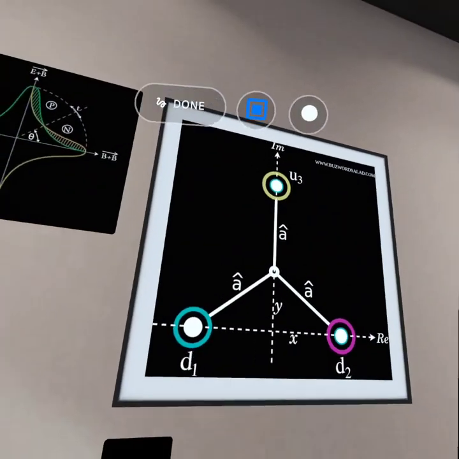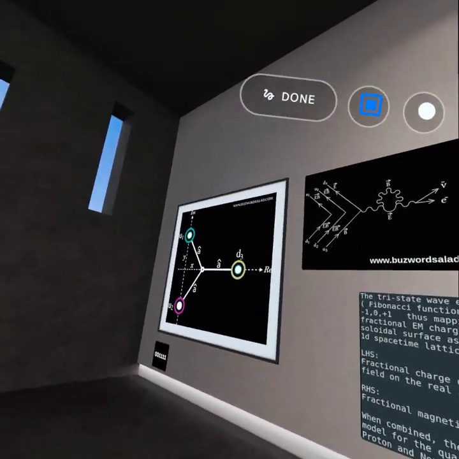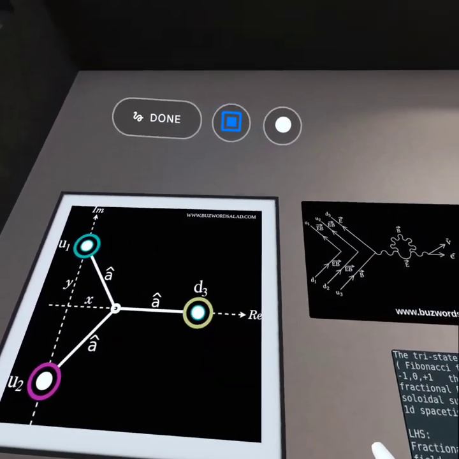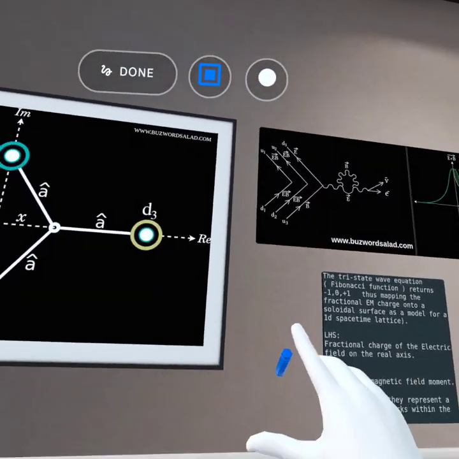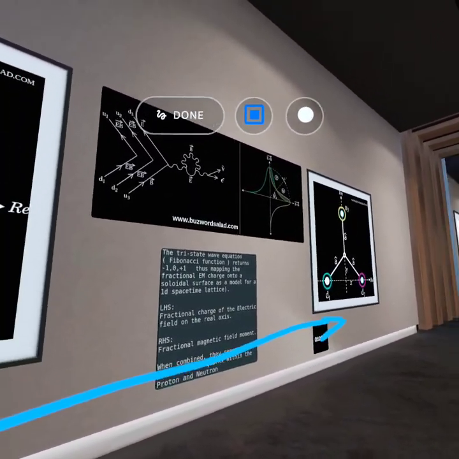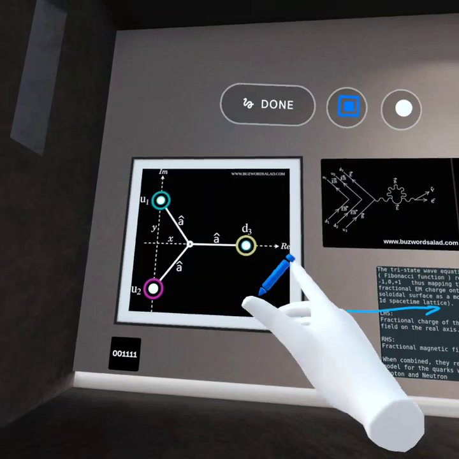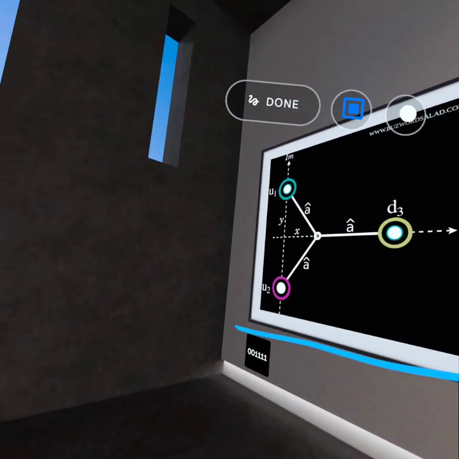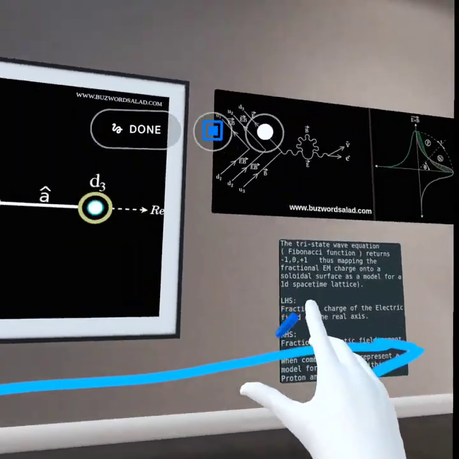So you basically have your charge and your magnetic moment on a two-dimensional surface representing a one-dimensional vector in space-time. Okay, so if we had 6 of these diagrams, they would be in quaternion form to give you a surface to a vector.